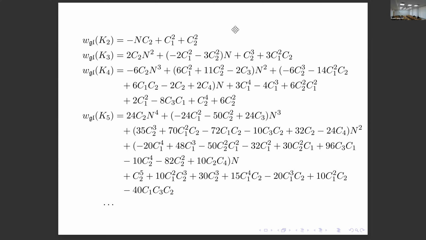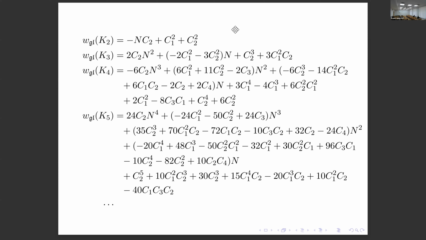And also you can think that this Hopf algebra of chord diagrams is expressed as a polynomial of the primitive elements, and you can check the projection of this universal GL weight system to the primitive elements. In that case you will see that the degree of the polynomial of Casimir elements after projection, for example for K5, is only 5.